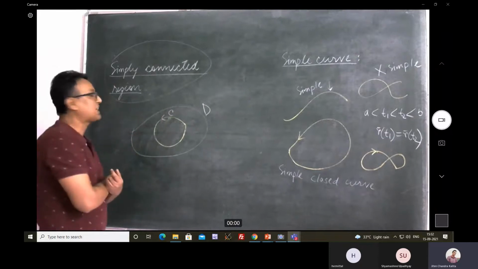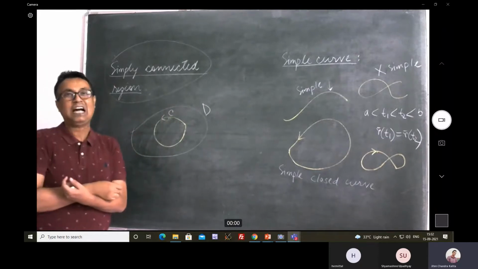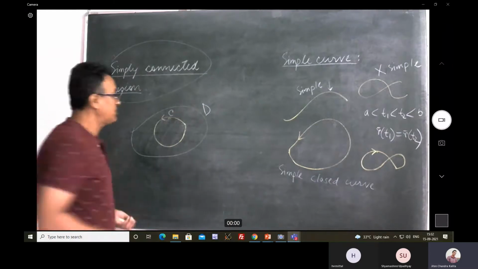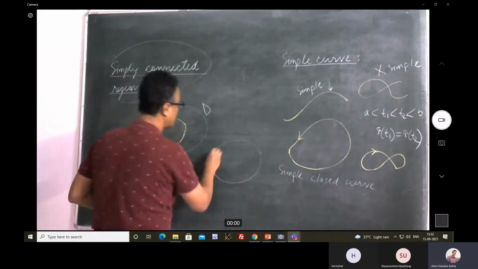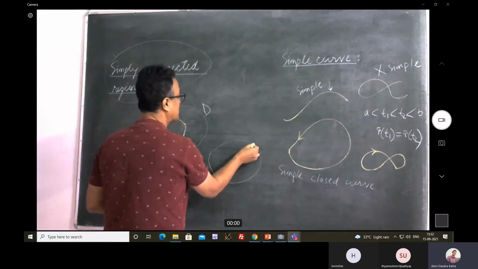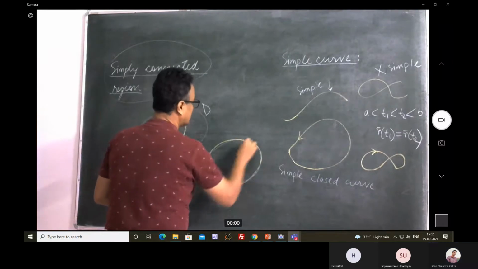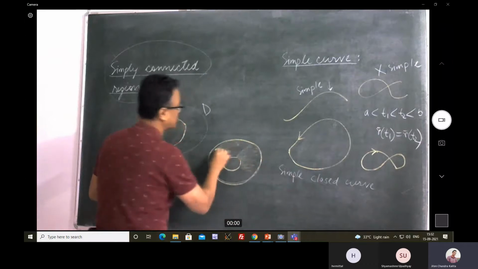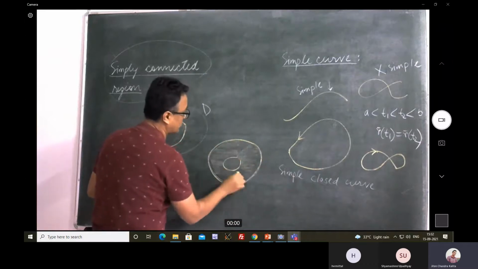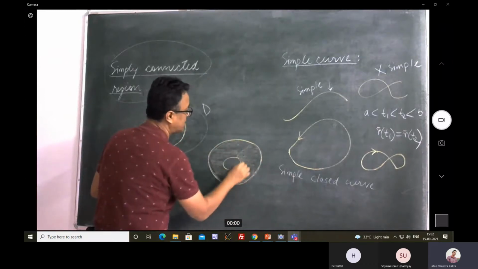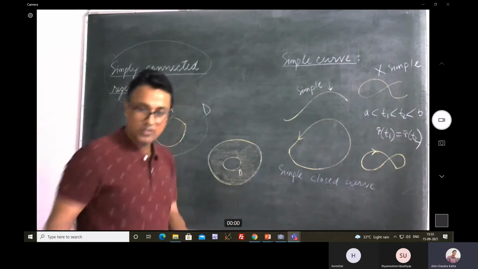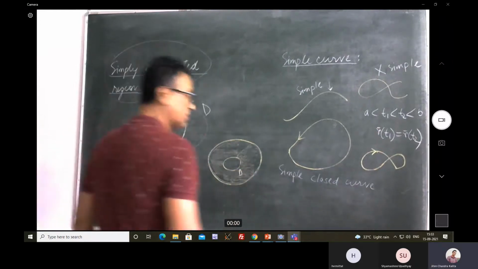For the time being, whatever I have drawn here is not very clear. But suppose this region D is nothing but the shaded portion. Okay, the shaded portion is the region D. Fine.